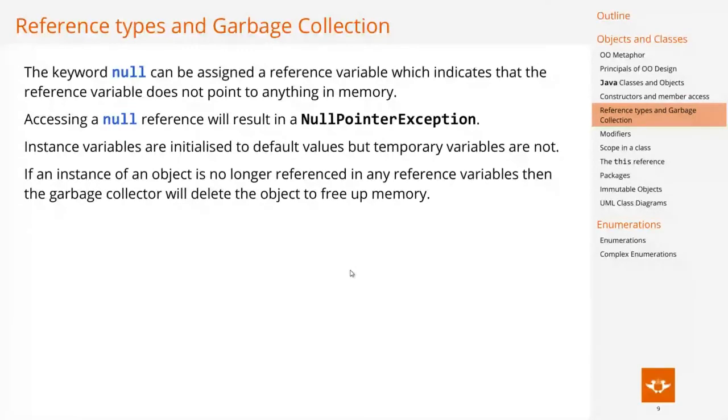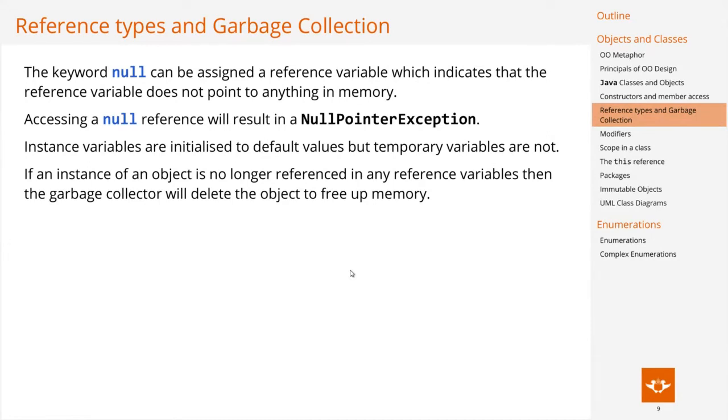Any reference type that doesn't have a value is assigned the value null. It means that reference points to no memory. Remember, at the end of the day, a reference is a pointer, and a pointer needs to point somewhere in memory. So null is a special keyword that says it does not point anywhere.